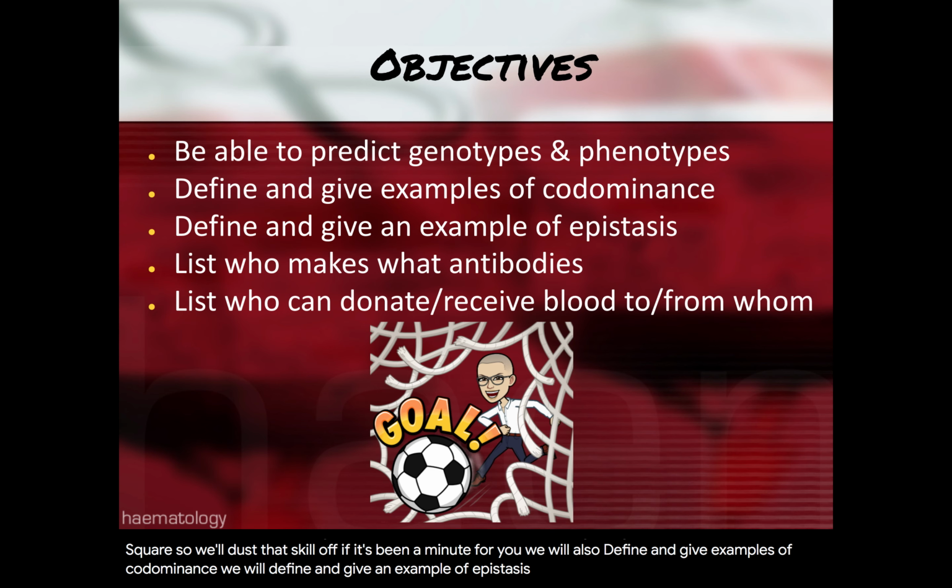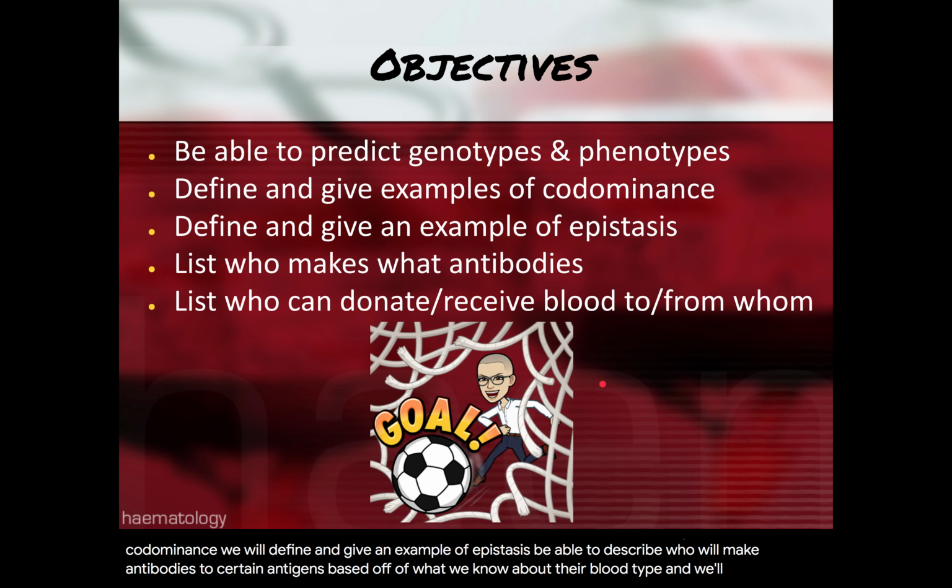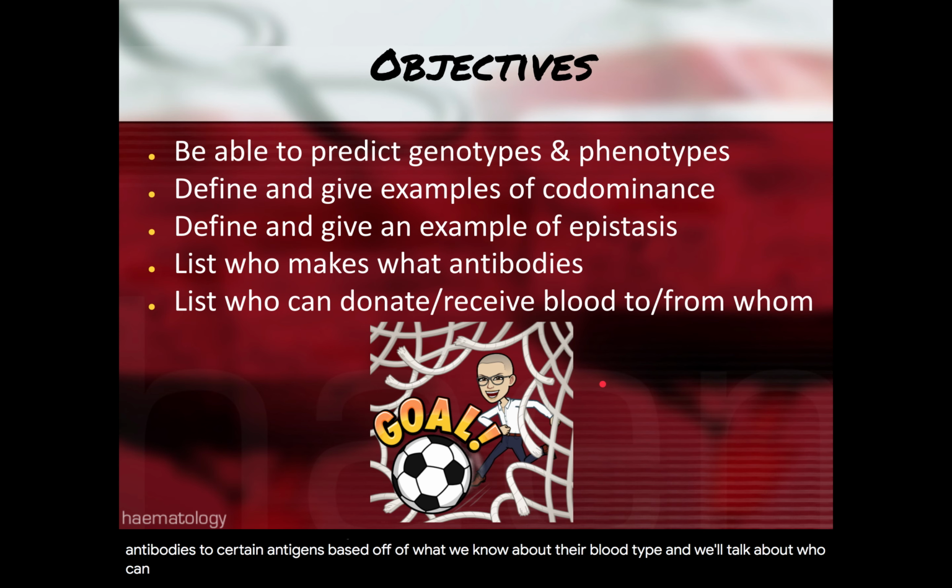And we will be able to describe who will make antibodies to certain antigens based off of what we know about their blood type. And we'll talk about who can donate blood to other people or receive blood from other people in the instance of a transfusion based off of our antigen antibody status.